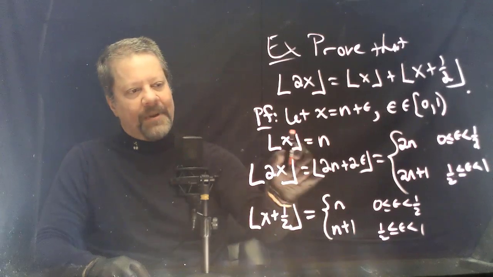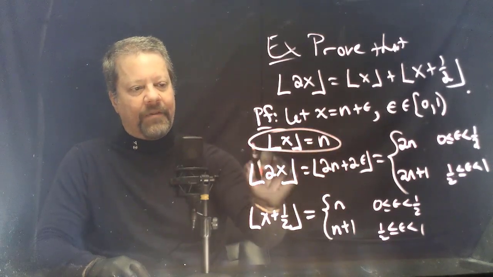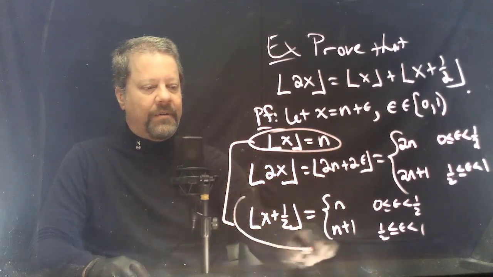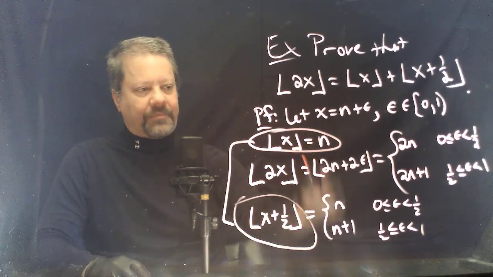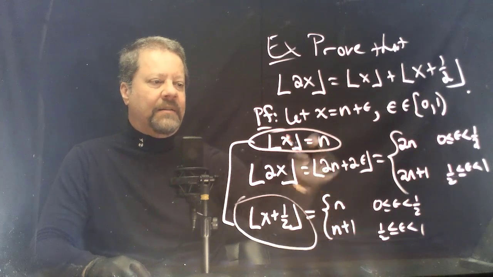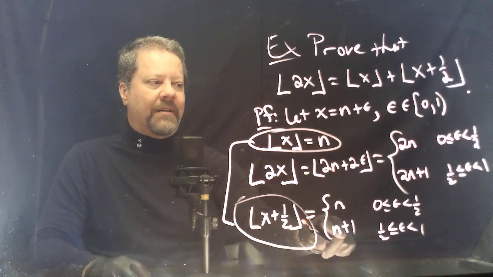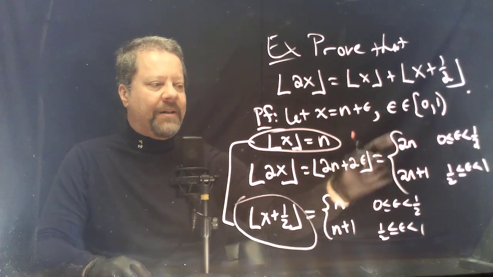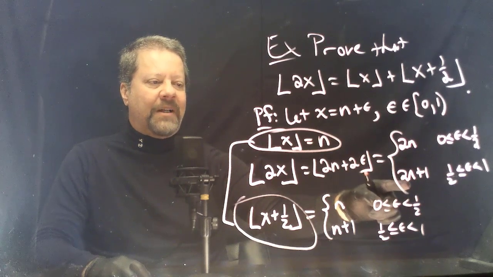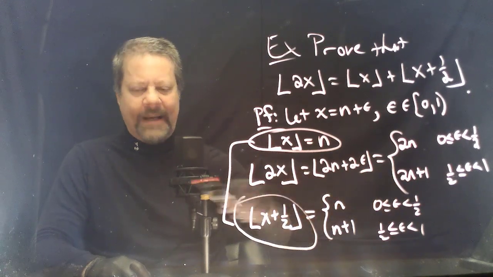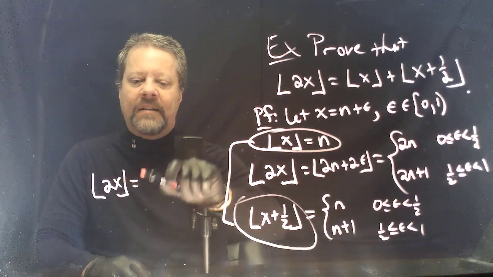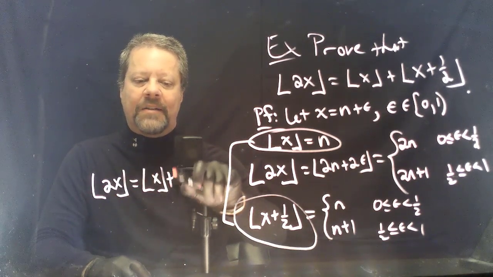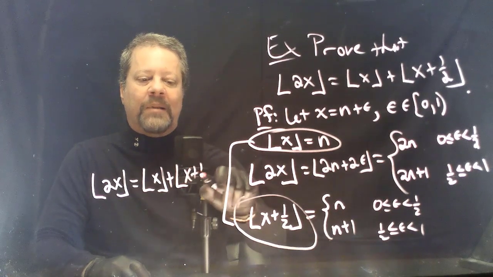So look what happens if you add the floor function of x to the floor function of x plus 1/2. You'll have 2n here and 2n plus 1 here, just like you have 2n here and 2n plus 1 here. So by adding these, we can see that the floor function of 2x is the floor function of x plus the floor function of x plus 1/2.